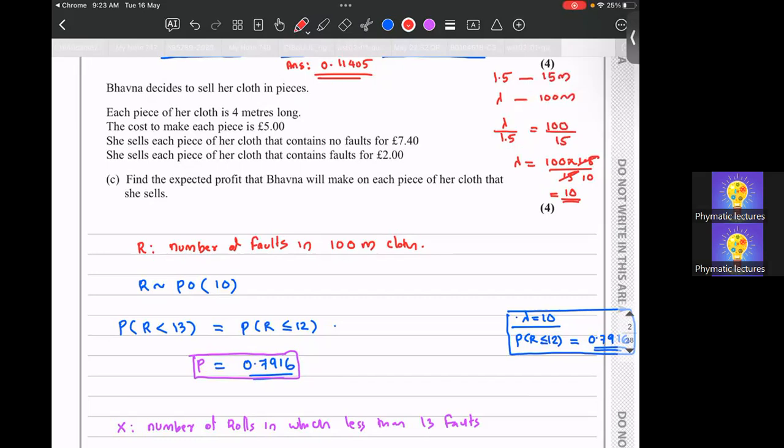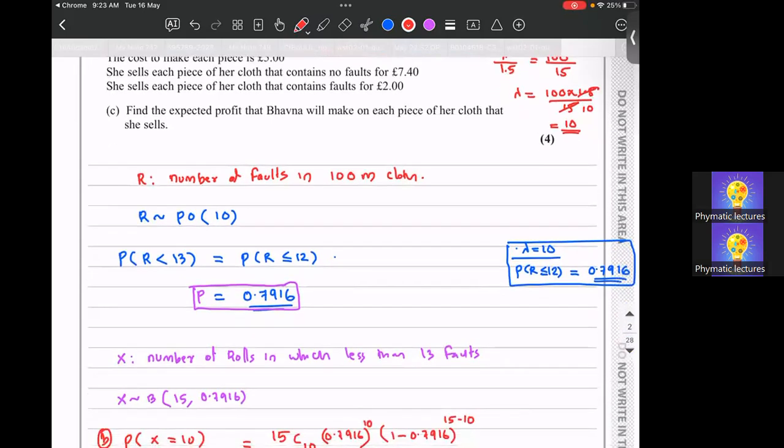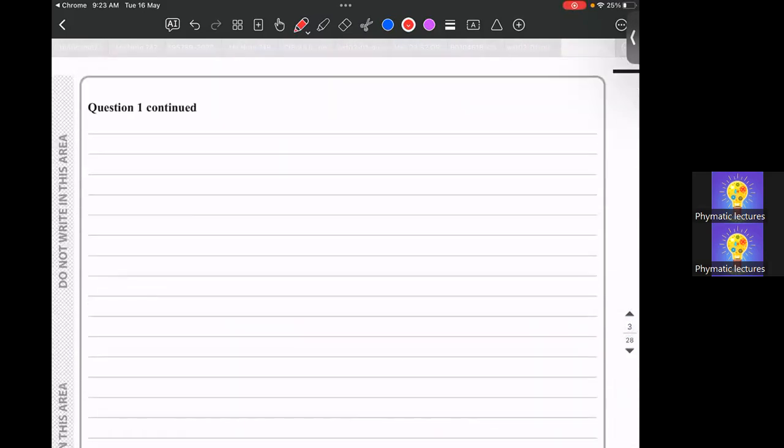So what we should do is calculate the probability of getting 0 faults and the probability of at least 1 fault. So we'll categorize this piece of cloth into 2 categories: either no faults or at least 1 fault.